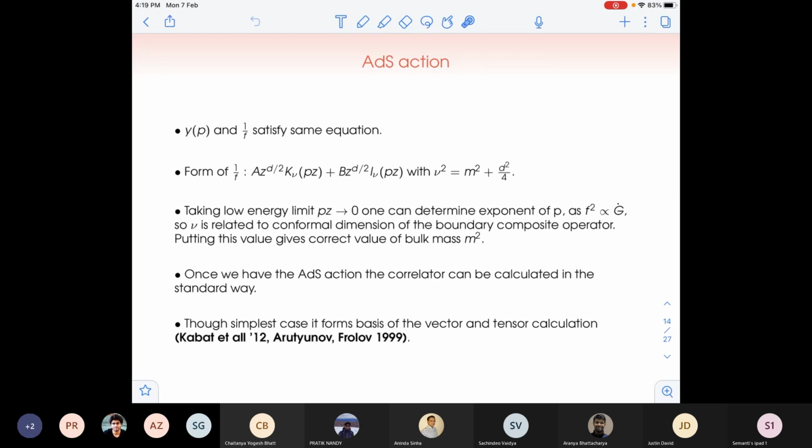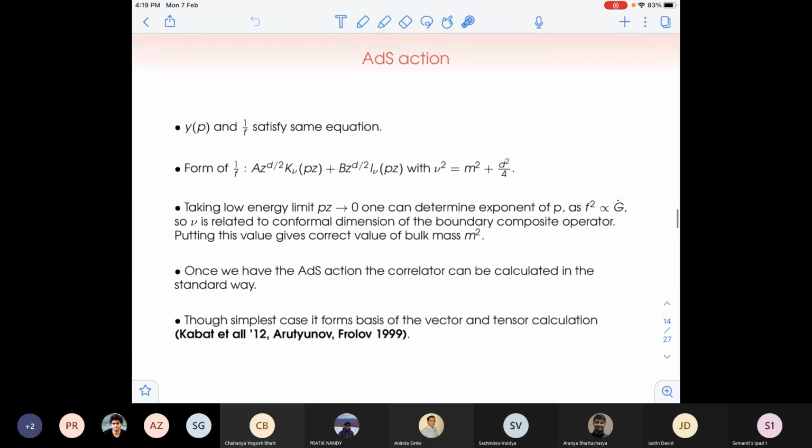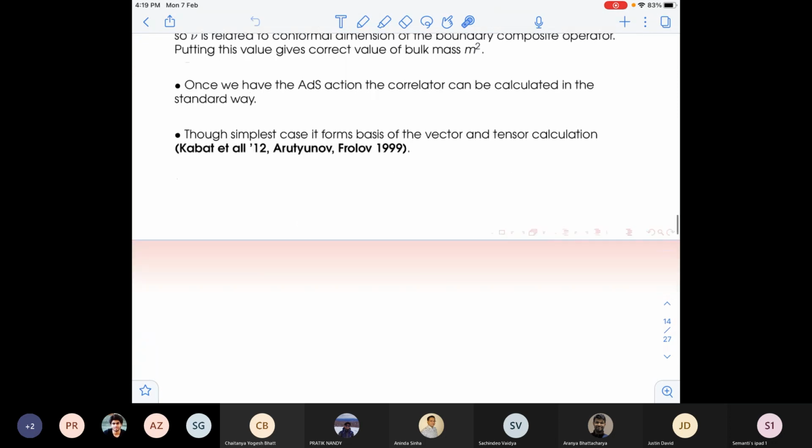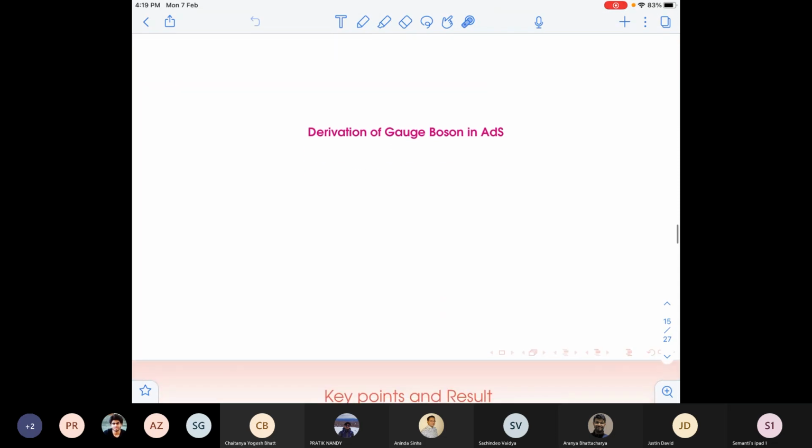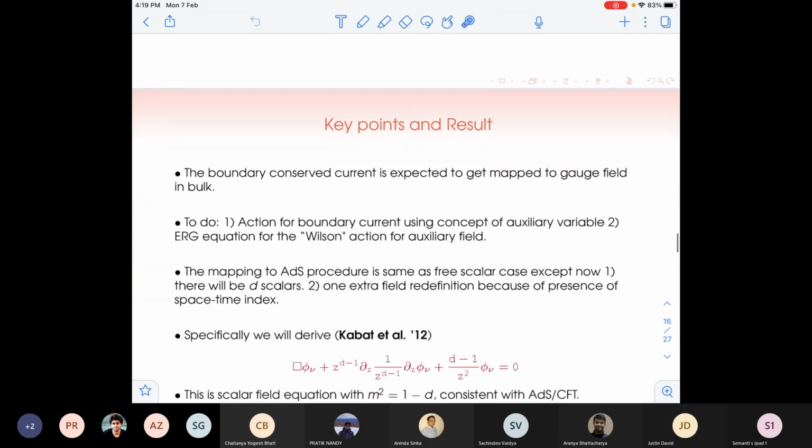Okay, so now once we have the AdS action, then the correlator also can be calculated in the standard way. Also, this is the simplest case. This forms the basis of vector and tensor calculation. So we will now derive how the gauge action in AdS is derived.